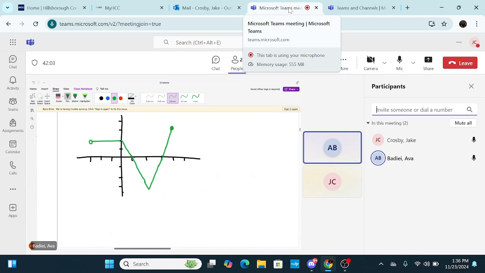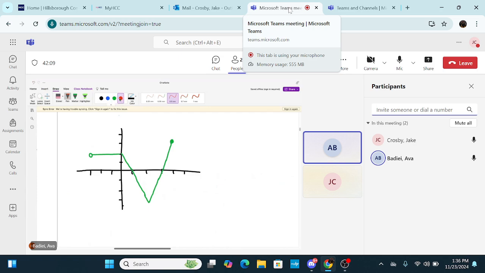Let's say they give you something like this and they say determine the domain and range. This is why knowing what domain and range are is important.